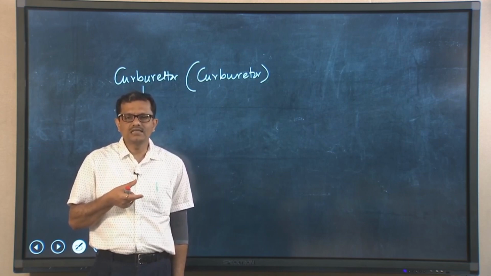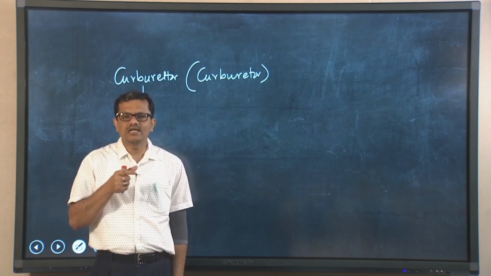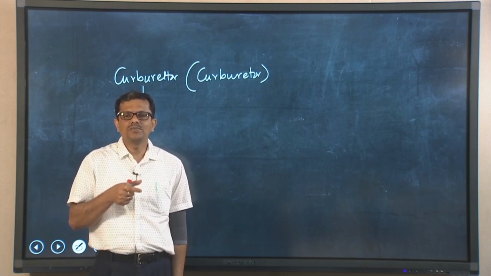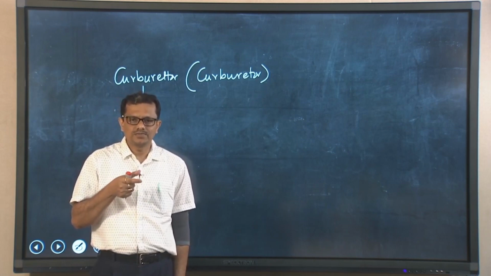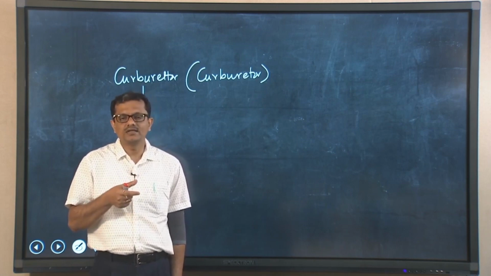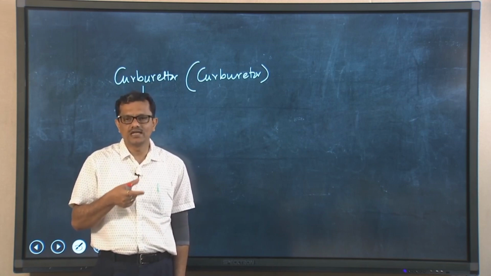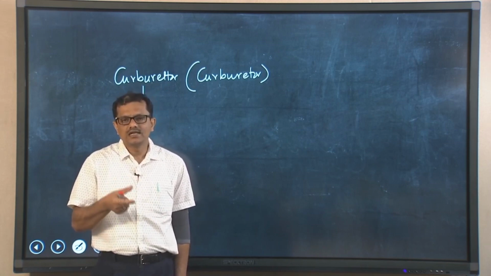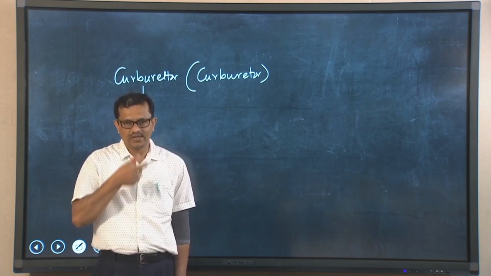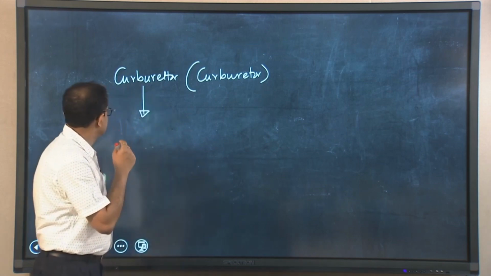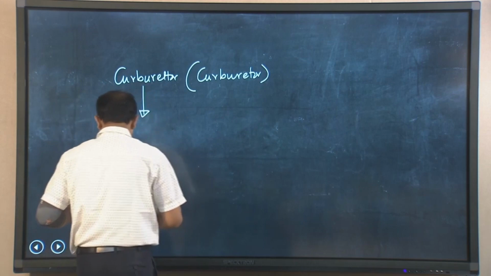So, carburetor is a mechanical element or device. The sole purpose of this device is to provide homogeneous mixture of fuel and air to the cylinder depending on the engine requirement.